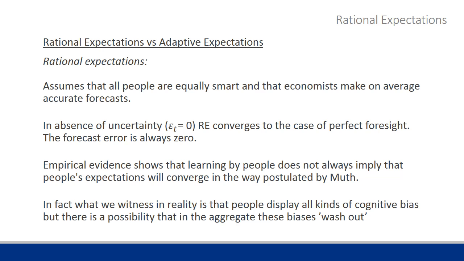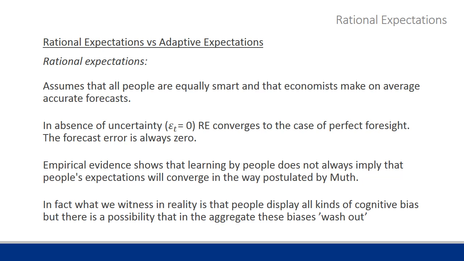However, evidence, as you will see from your independent learning using the readings, is that people do not always learn the way Muth postulated. In fact, what we see in reality is that consumers have certain cognitive biases, like risk aversion.